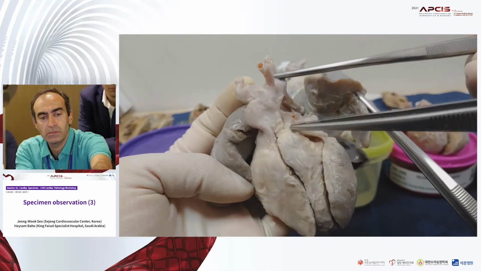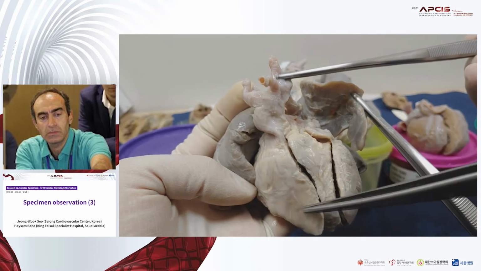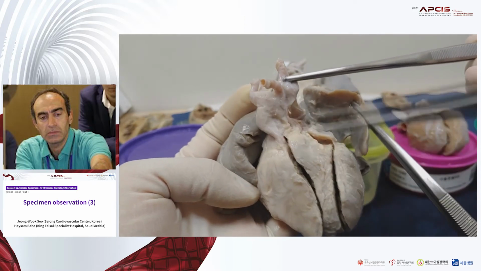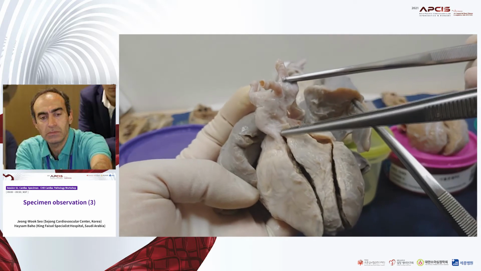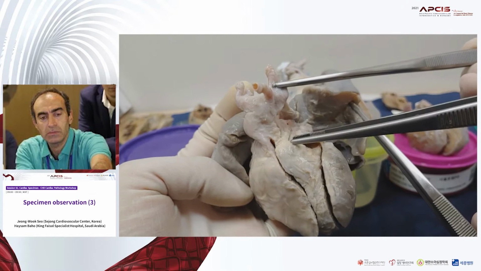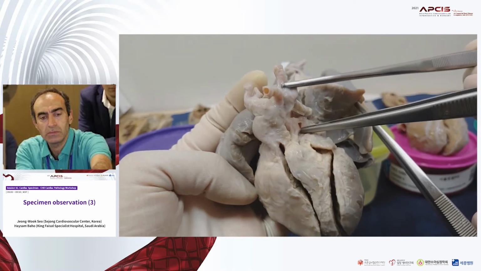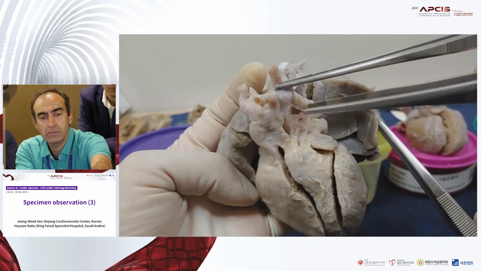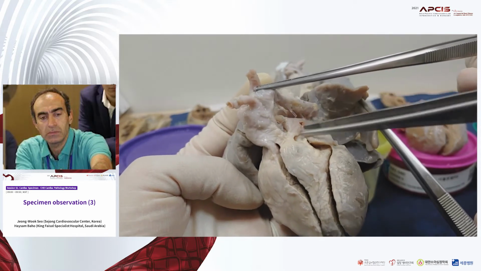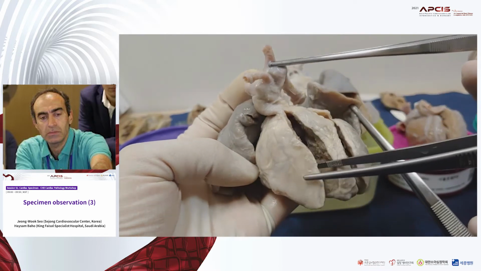So if we look at this pulmonary artery, it is arising from the right ventricle right here. And the aorta is arising from the left ventricle right here. But the relationship of the aorta to the pulmonary artery is malposed. And that is not unusual, especially when the pulmonary artery is atretic or near atretic, like in this case. So this is the hypoplastic pulmonary artery, and this is the aorta, right and anterior.